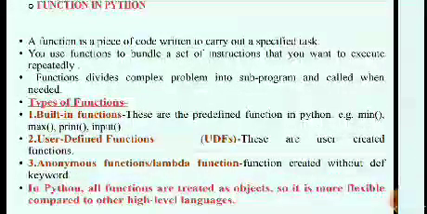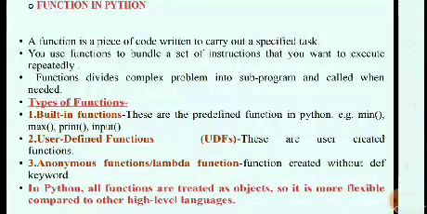Whenever we have to create a function, we use the def keyword along with the function name. At that time we cannot use the def keyword. It is called a lambda function or anonymous function. So in Python, all functions are treated as objects, so it is more flexible compared to other high level languages.